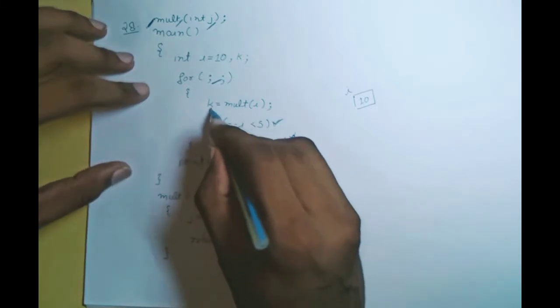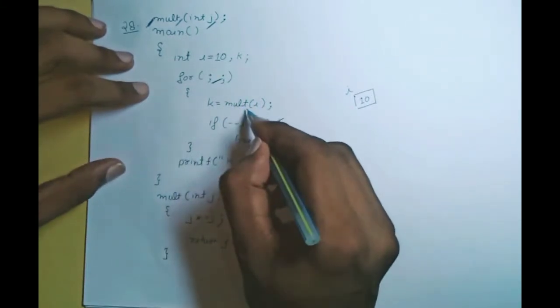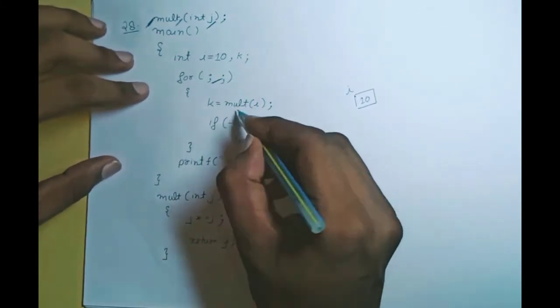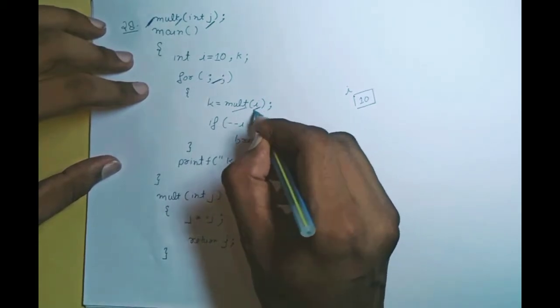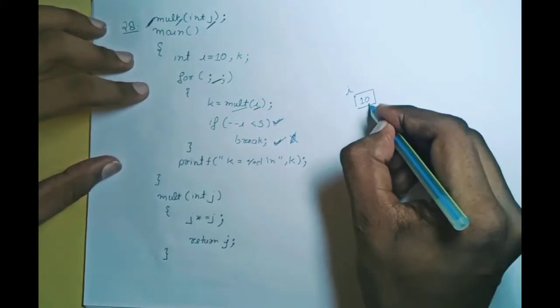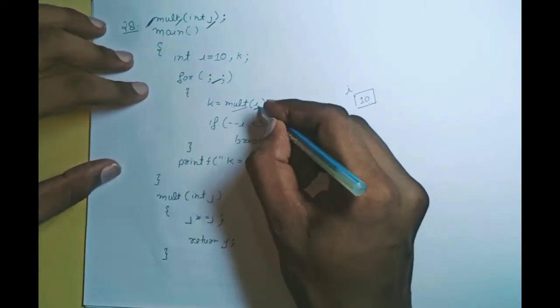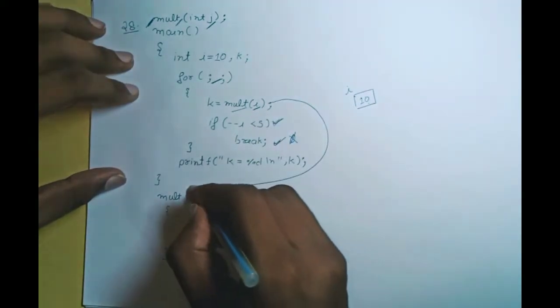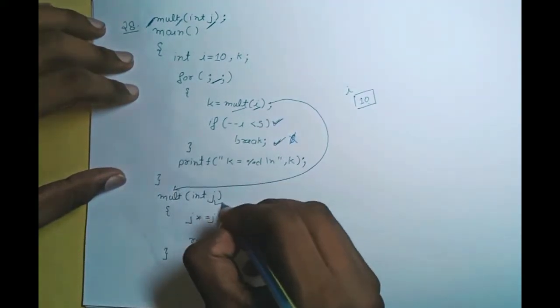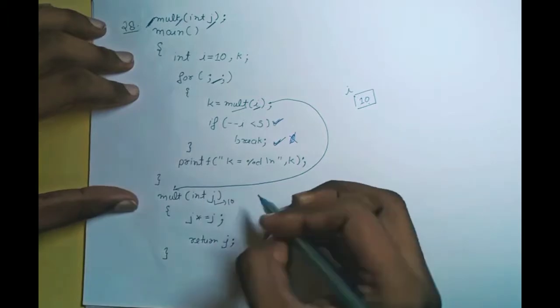We have another variable k, and we are calling the function mult on the variable I. The value of I is 10, so the value 10 is passed to the mult function and the control comes here, and the value of j is 10.